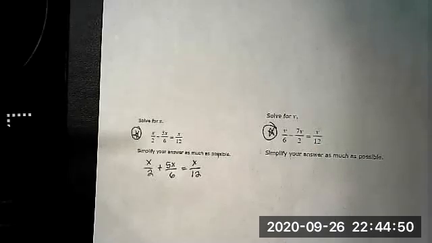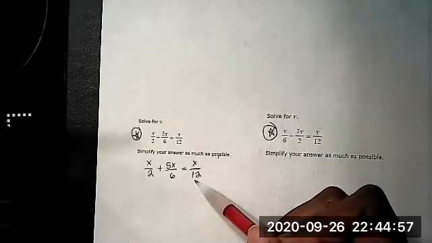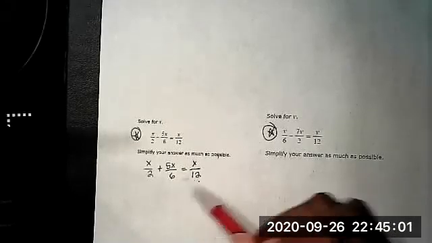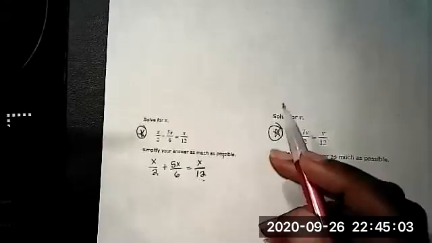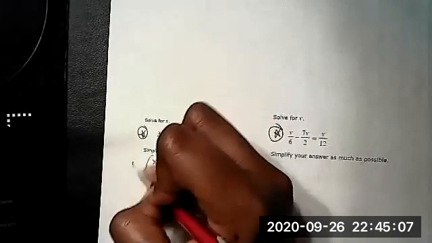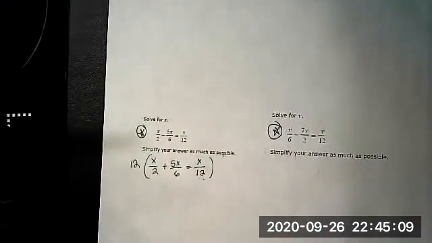The greatest common factor that's between them all. So what is the greatest common factor here? It looks like it's 12, okay? Because 2 goes into 12, 6 goes into 12, and of course 12 goes into 12. So I'm going to use 12 as the number that I multiply everything by.